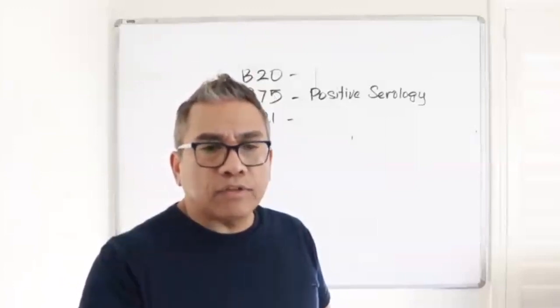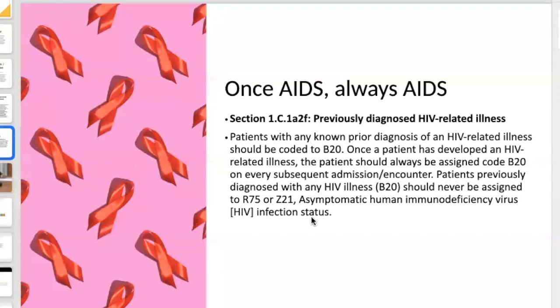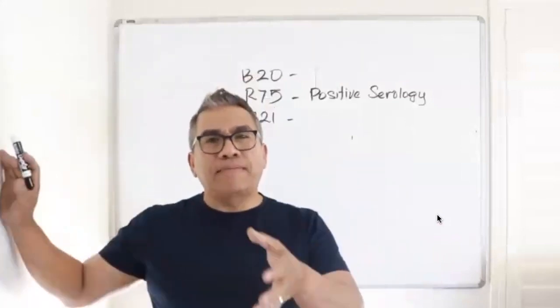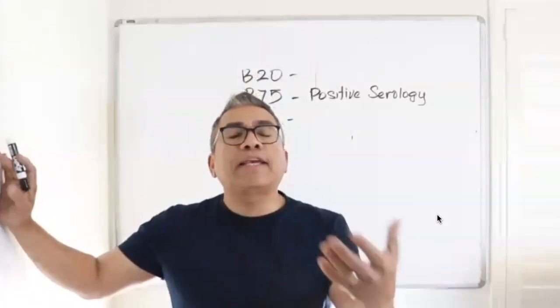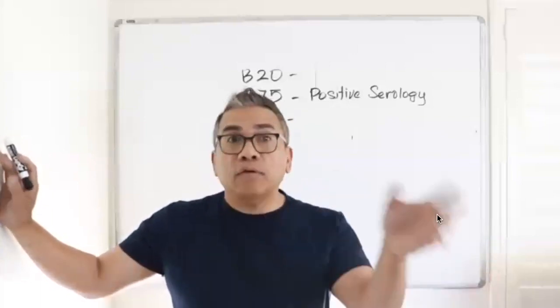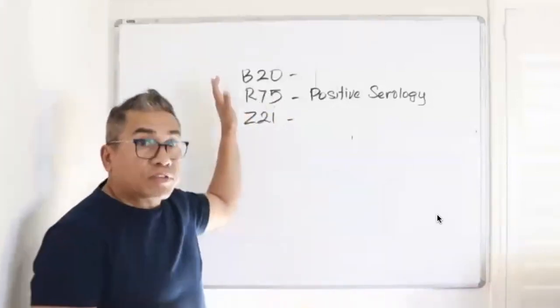Now, let's go back to what the guidelines say. Once AIDS, always AIDS. Patients with any known prior diagnosis of an HIV-related illness should be coded to B20, which means, guys, if a patient had a history of being admitted to the hospital for any HIV-related condition, there's no question, it is already B20, because there is already a history.